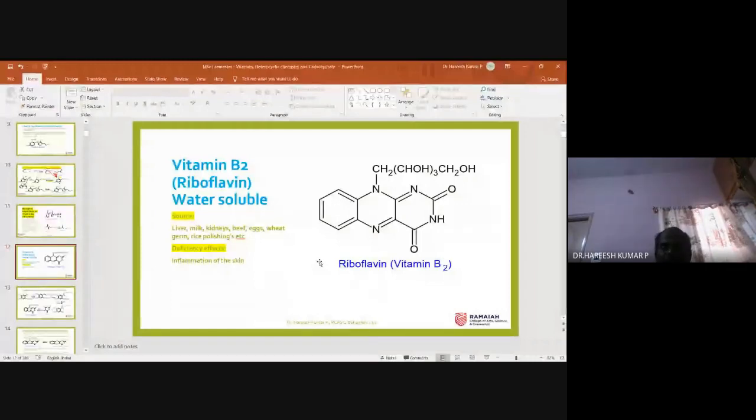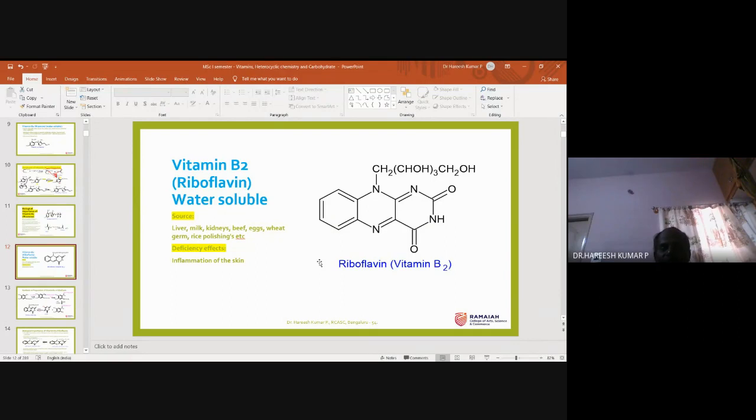That means we are supposed to consume or use more quantity of valuable food items. That is the reason one should go for a synthetic method to synthesize or prepare vitamins.